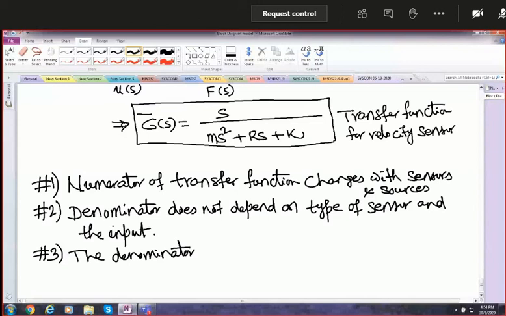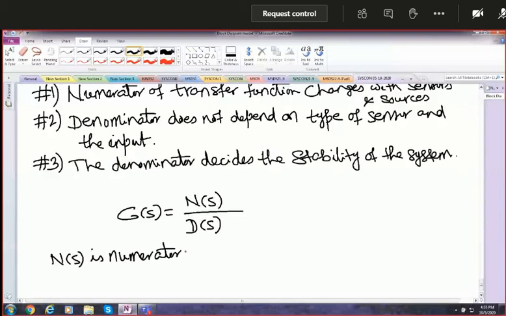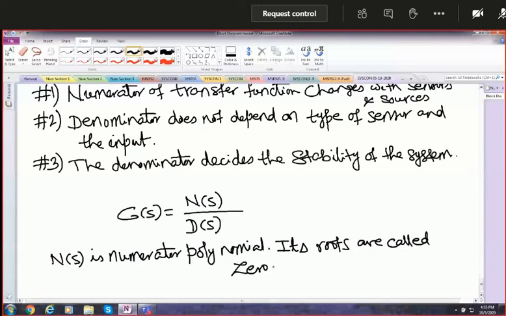N(s) is the numerator polynomial, and its roots are called zeros of the system.